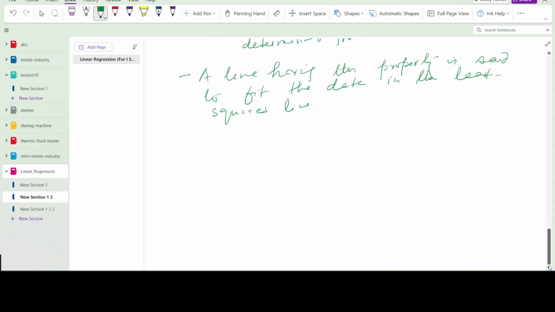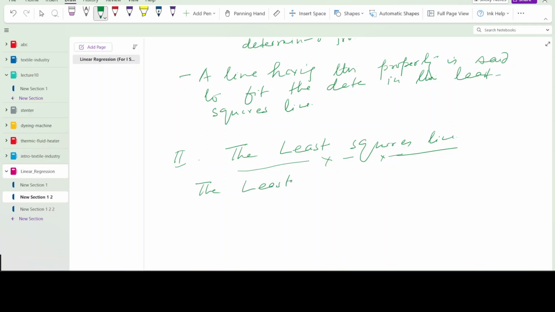Okay. Now the next topic, the least squares line. It is a very important concept and just try to understand it. It is very easy.